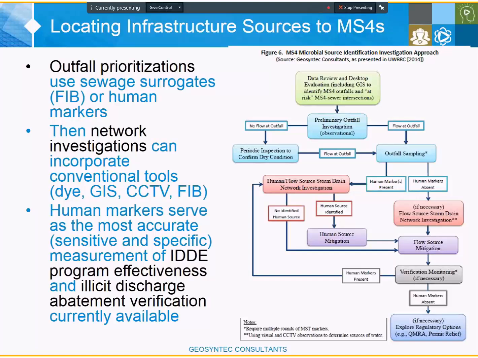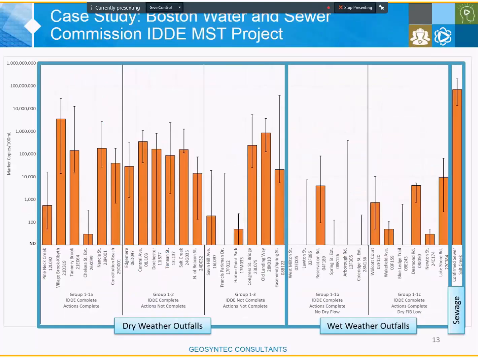So let's talk about what I mean by that in a very practical sense. For the city of Boston, we recently evaluated their IDDE program. They had a very mature IDDE program that they've been implementing for decades. They have a lot of gallons of sewage that they track, that they have found through private and public connections and sewer leaks into their MS4. You can imagine the city of Boston, old city, old infrastructure.